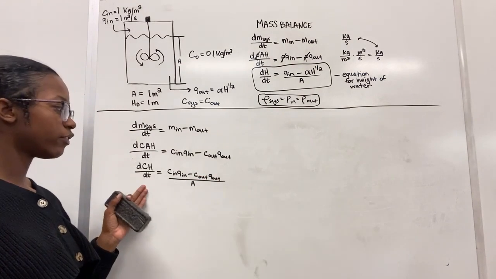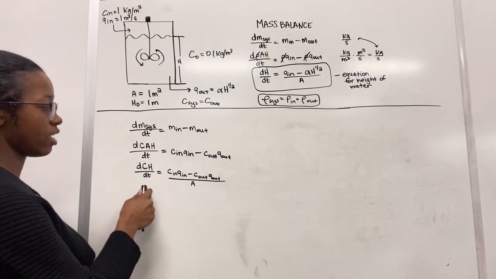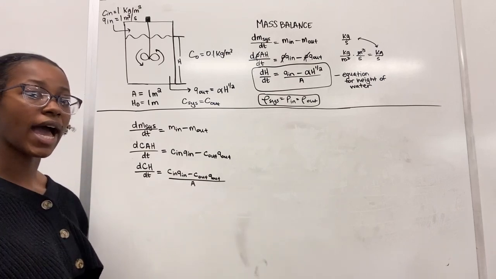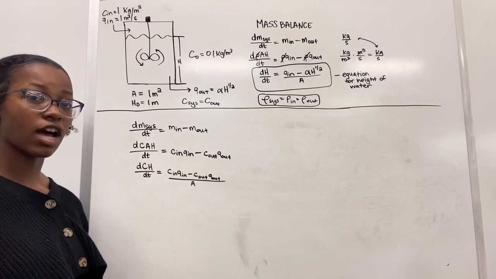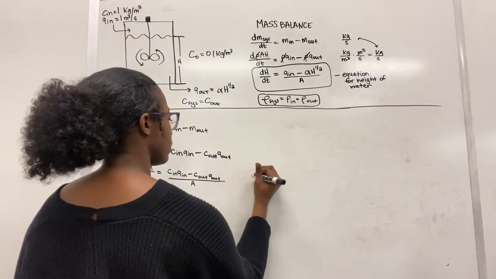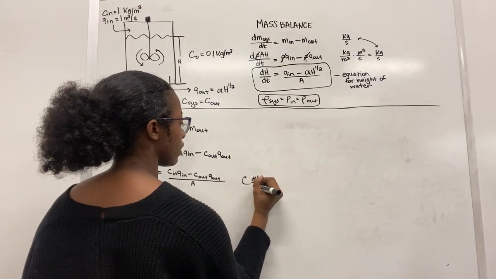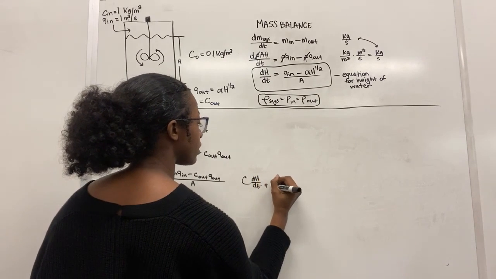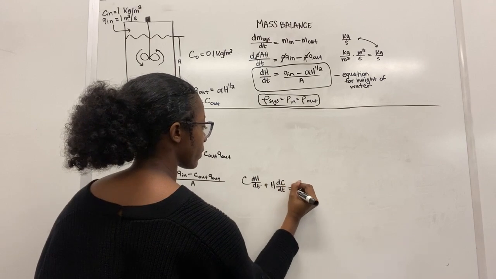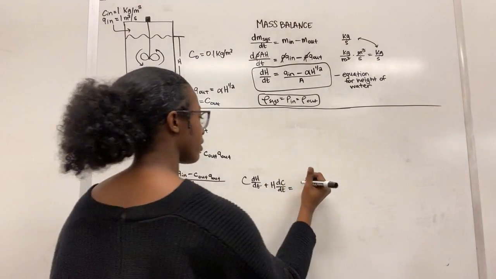And this should look very familiar. Literally the only thing that we have to do is apply the chain rule to the derivative on the left-hand side so that we can isolate the change in concentration with respect to time. So that'll end up being the concentration times the change in height with respect to time plus the height times the change in concentration with respect to time is equal to our right-hand side.